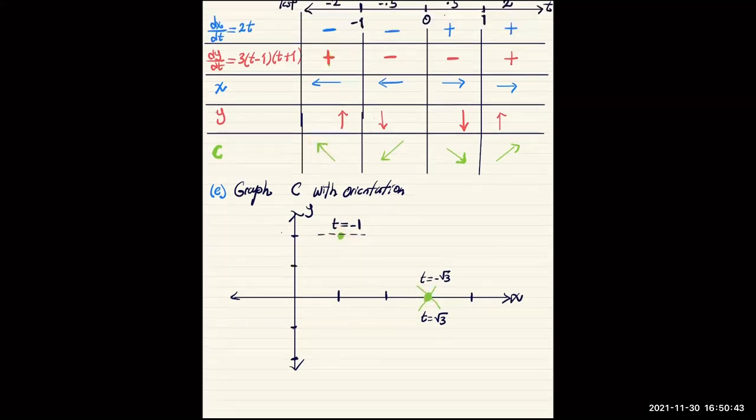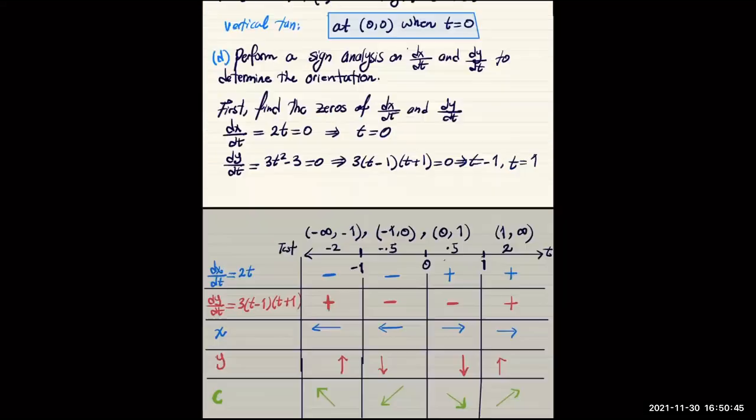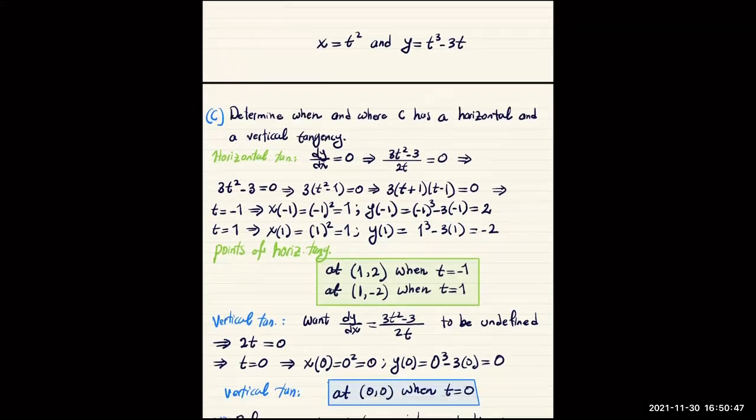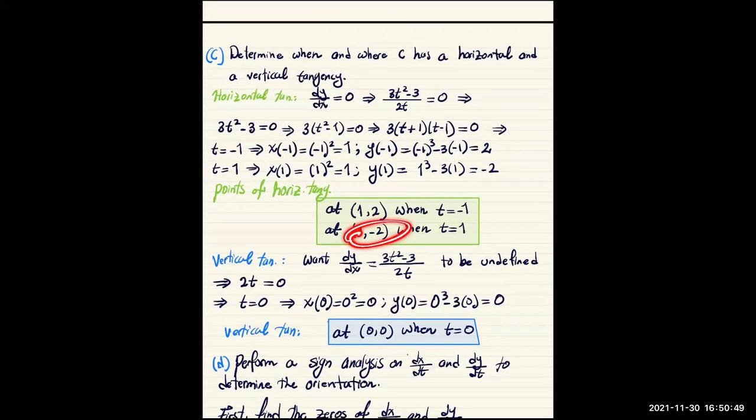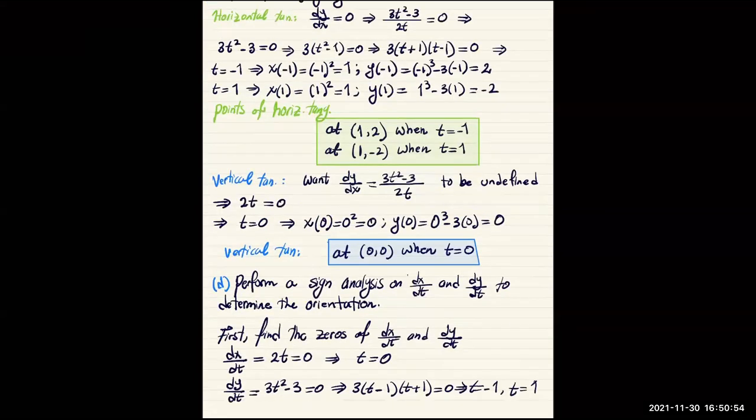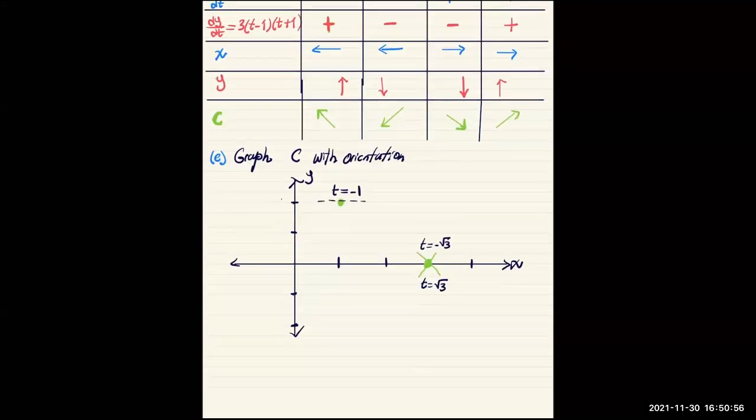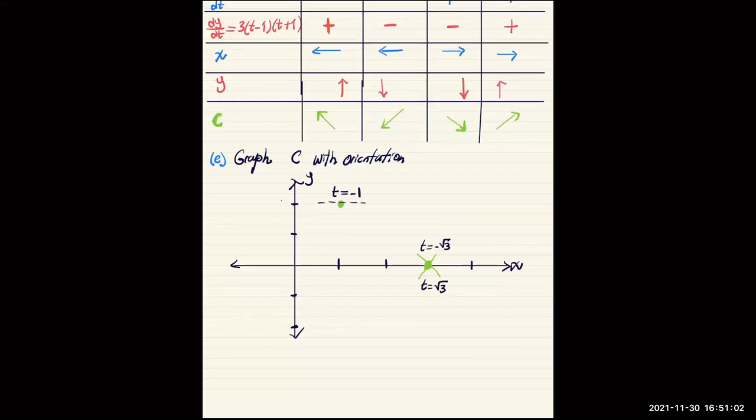We have another point of horizontal tangency, which happens at 1, -2. And this is at a later time, which is t equal to 1. 1, -2 is right there. Horizontal tangency corresponding to t equal to 1.